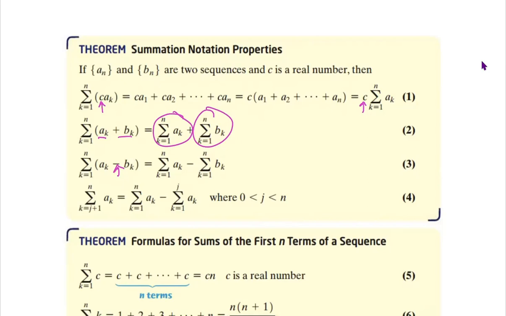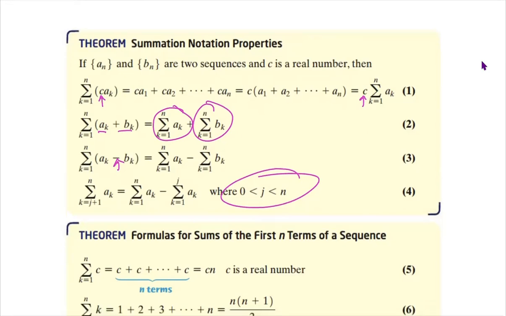Also, if you have a summation of k equals j plus 1 to n, where j is smaller than n but greater than 0, and an integer, then you can write it as the sum from k equals 1 to n, and take away the sum from k equals 1 to j.